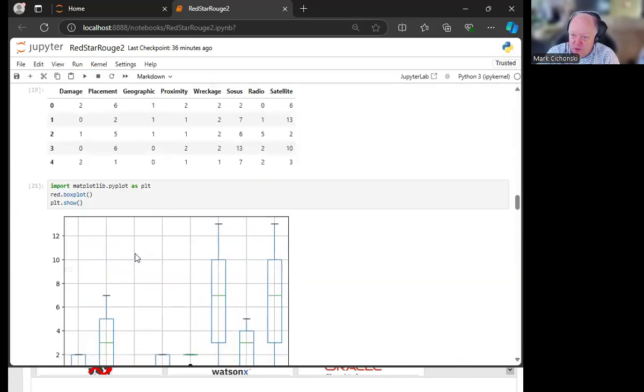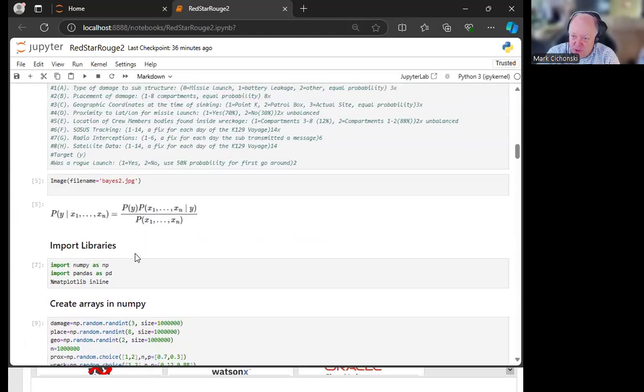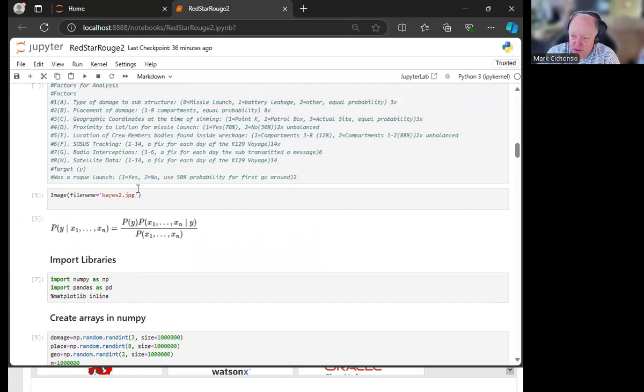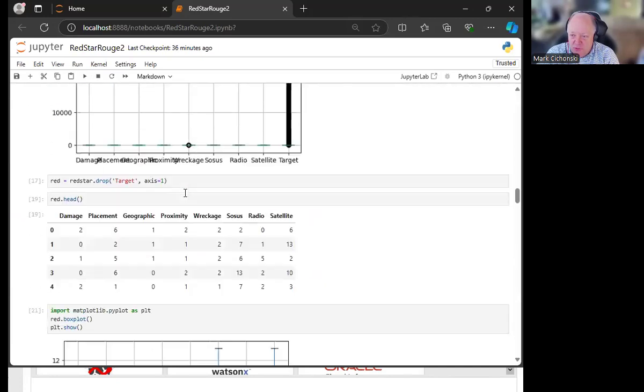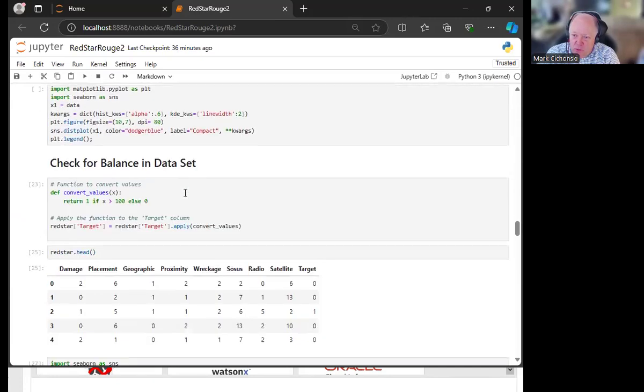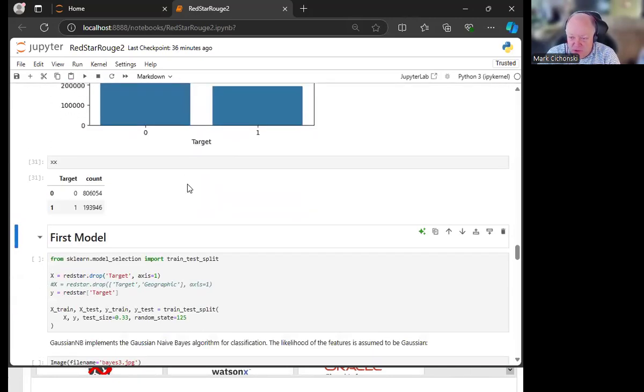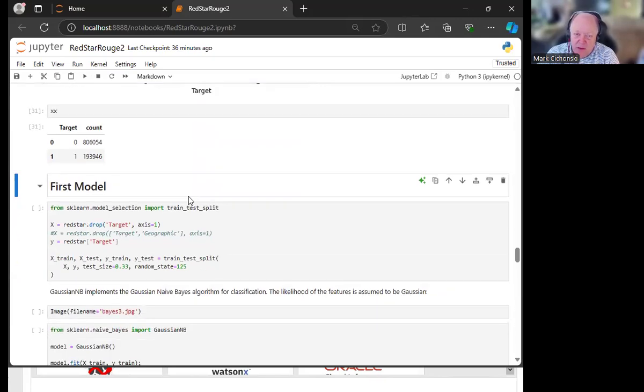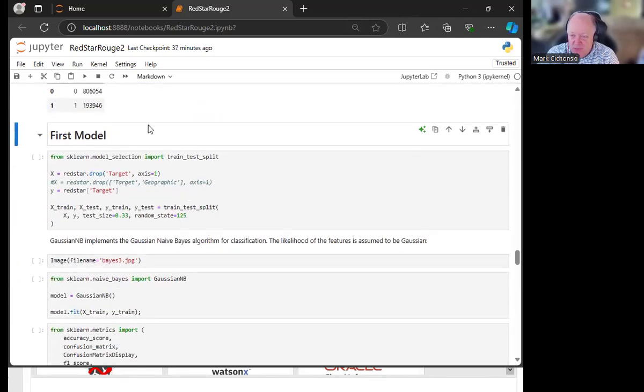And if you remember from my factors up here, the 0 was rogue, and the 2 was that it wasn't rogue. So when I come down here now, I'm ready to start running my models, my Bayes models.